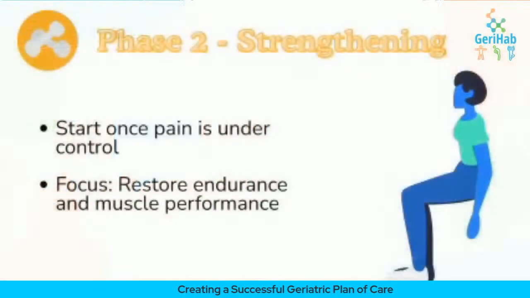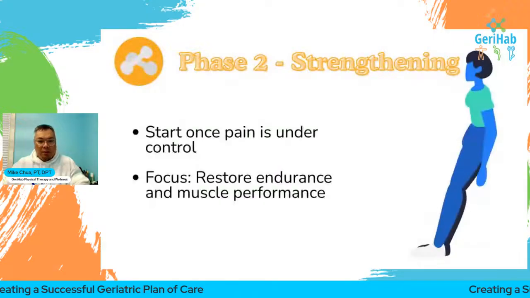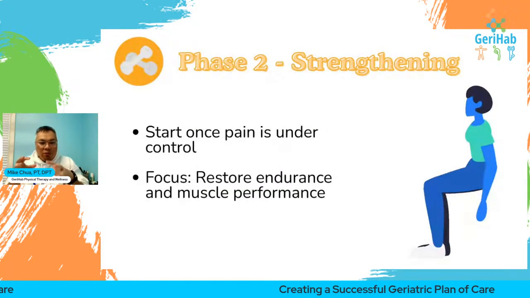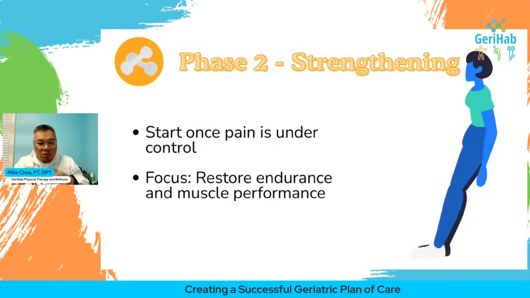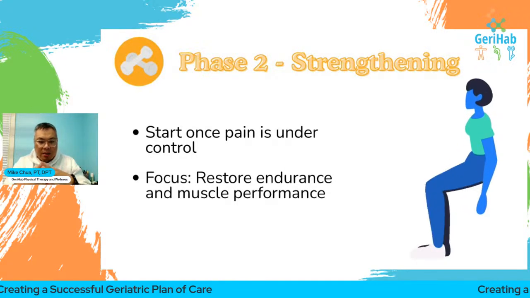Some people go 12 weeks. So once they're ready and their pain is controlled, then you do strengthening. This is phase two. Once the pain is under control, focus on restoring endurance and muscle performance. The strengthening part, okay?